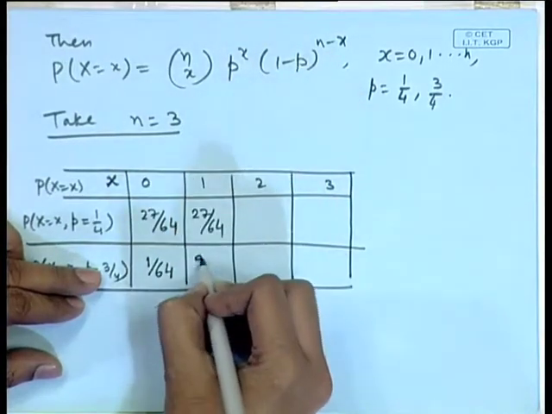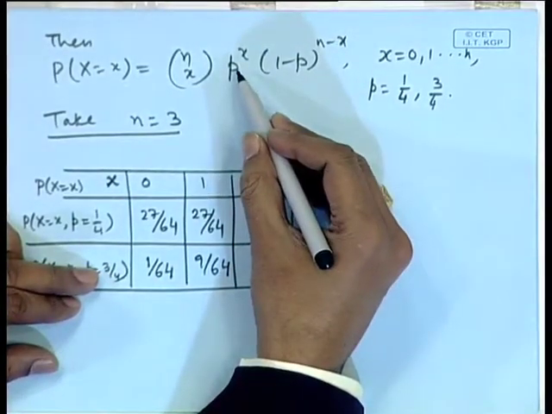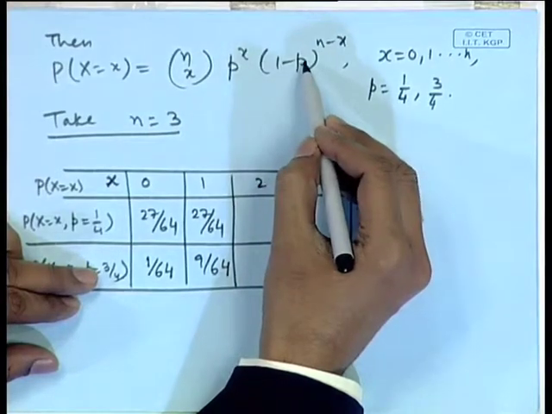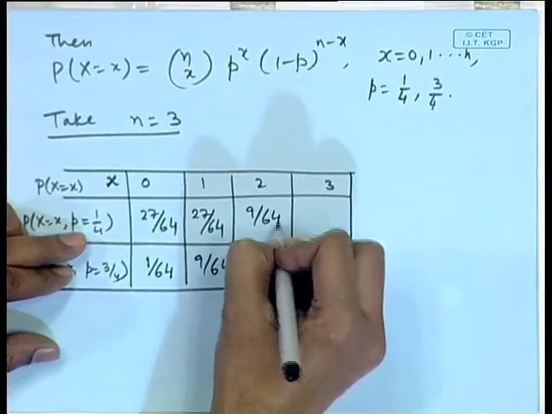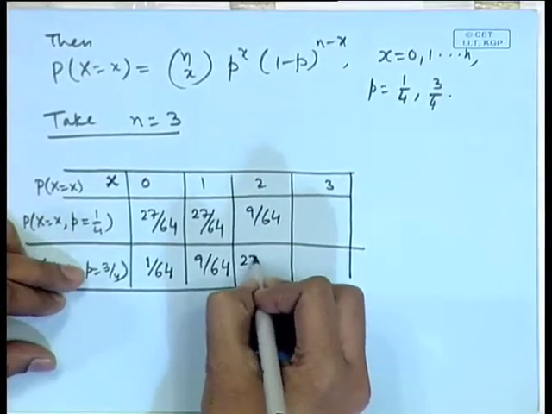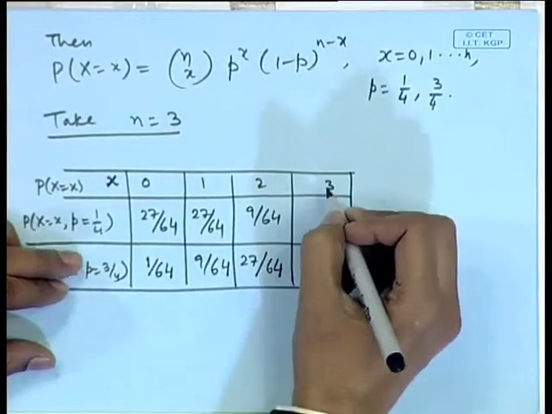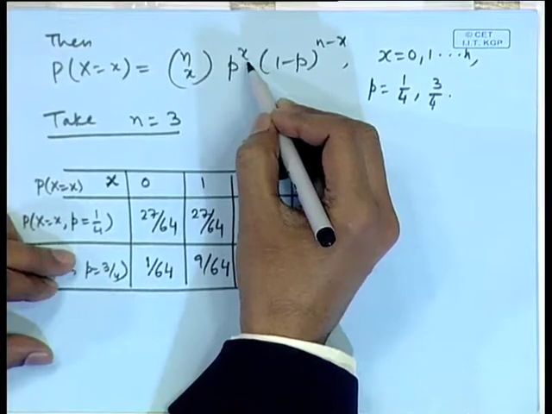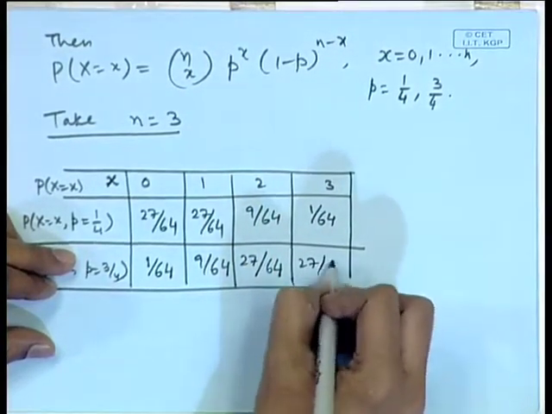So, this will become 9 by 64. When x equal to 2, you will get 3p square into (1 minus p). So, for p equal to 1 by 4, this becomes 9 by 64, and for p equal to 3 by 4, this becomes 27 by 64. For x equal to 3, this probability simply becomes p cube. So, it is 1 by 64 and 27 by 64.